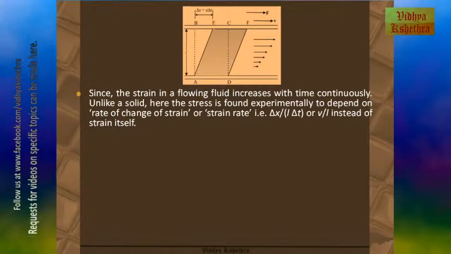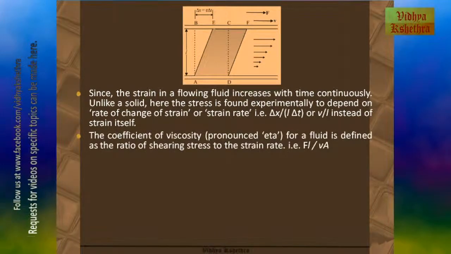Thus, the strain in a flowing fluid increases with time continuously, unlike a solid. Here the stress is found experimentally to depend on the rate of change of strain, or strain rate, that is delta X divided by L into delta T, or V by L, instead of strain itself.